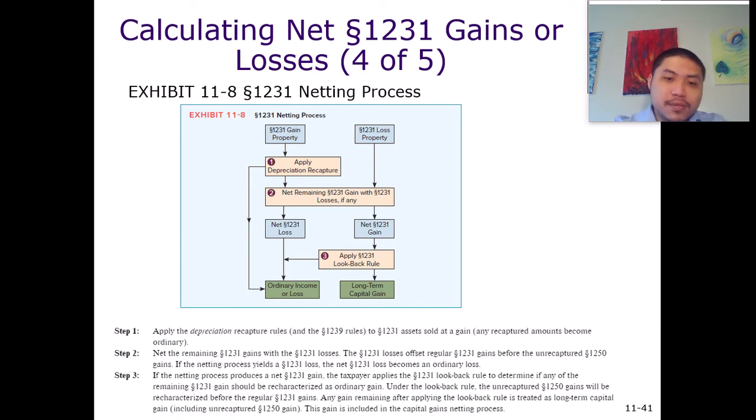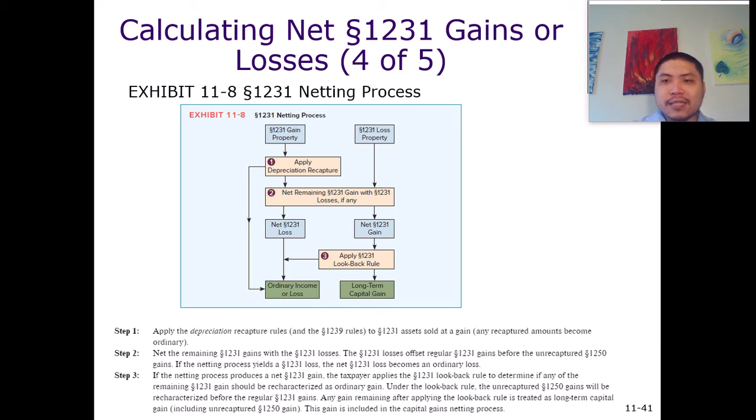So let's talk about what this section 1231 look-back rule is, and why there's such a rule. Imagine a taxpayer who has multiple section 1231 assets.